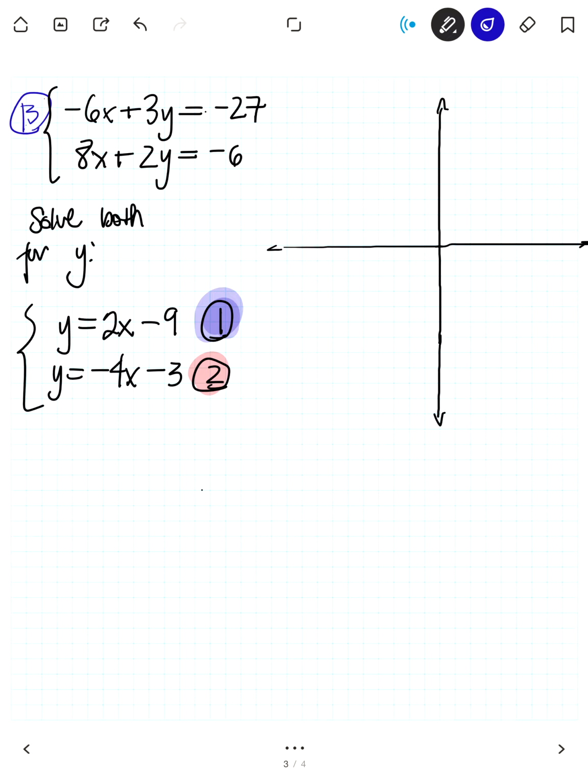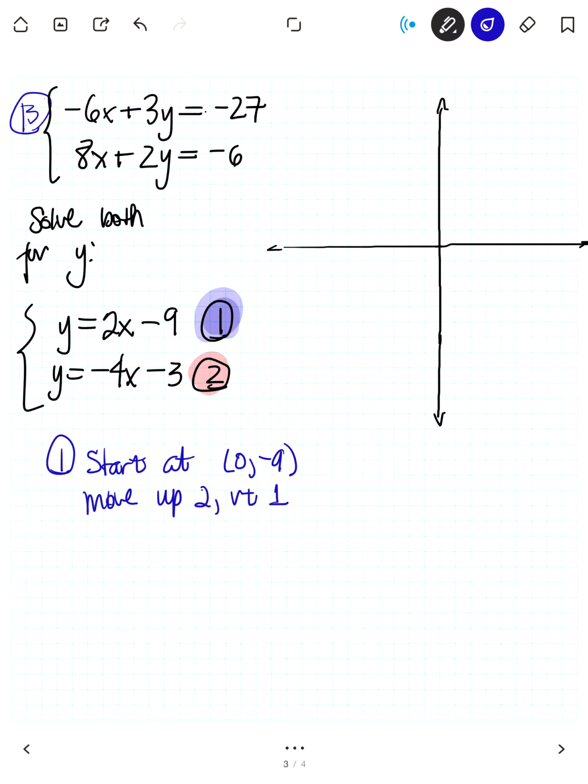Now, really, if your grid didn't go down to negative 9 in the y direction, that's not a big deal. You can pick any point and then move by slope. Mine happens to. So for the first one, we're going to start at 0, negative 9, move up 2, right 1.